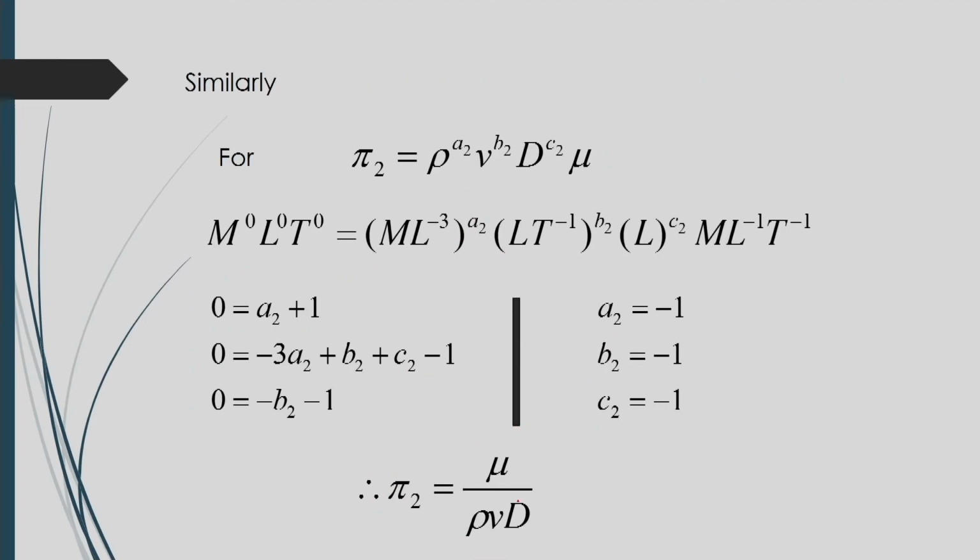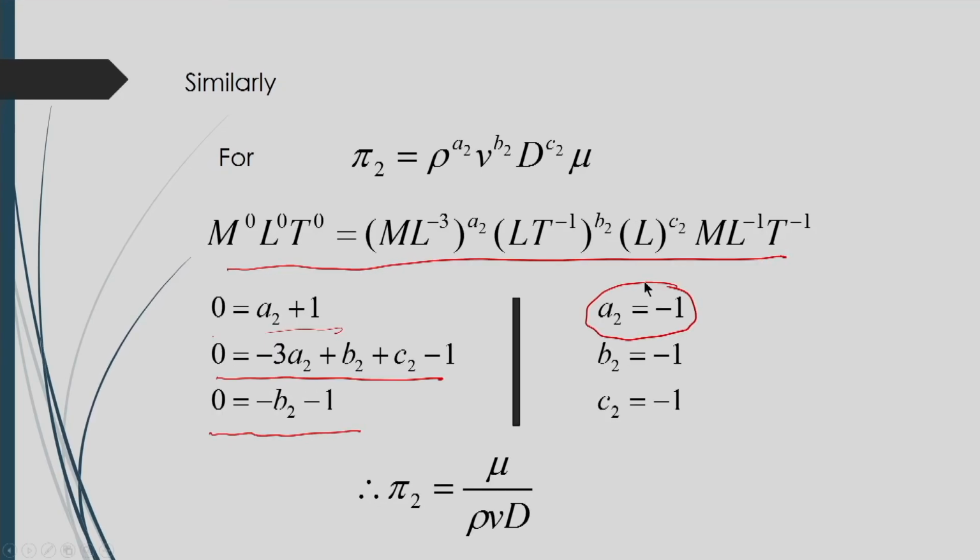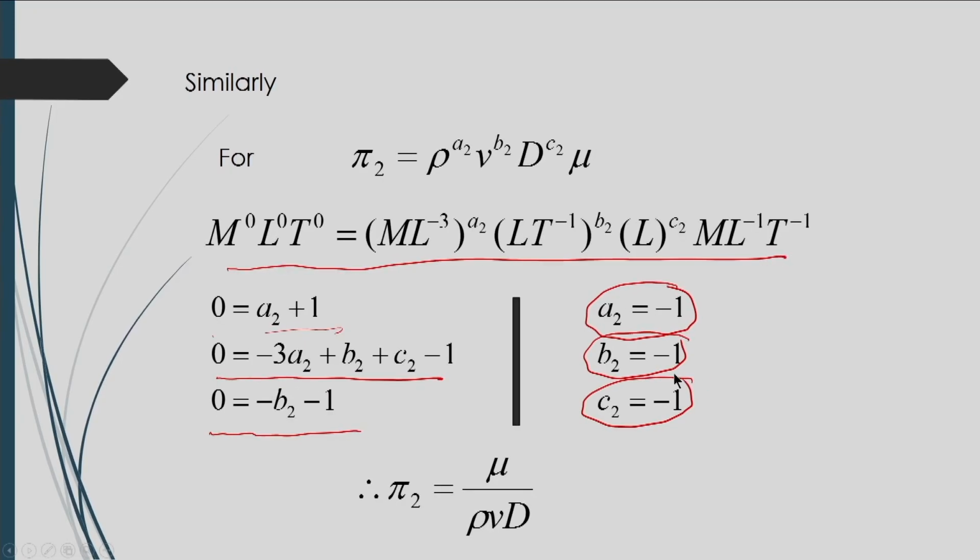Similarly, consider pi 2, again you have to equalize the power of all dimensions from the left hand side and right hand side after substitution of dimensions of each variable there. You will see these 3 equations will be obtained, and after solving these 3 equations, you will see that the value of a2 will be coming as minus 1, b2 will be coming as minus 1, again c2 will be minus 1.